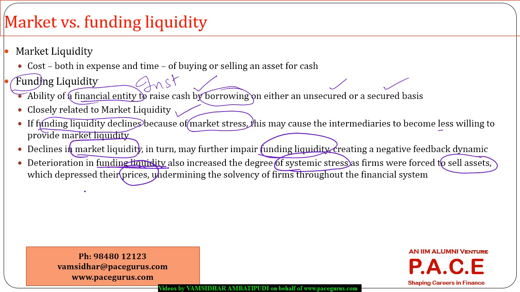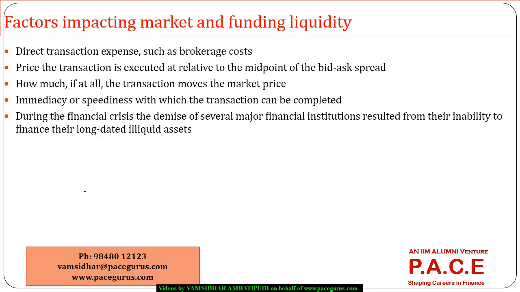So keeping the liquidity at a reasonable level, both on the market front and the funding front, is a very essential part of any financial system. Now when we are talking about the various factors that are impacting this liquidity, one is transaction expense, brokerage costs. If the brokerage costs are very high, people will not be able to sell or buy their assets frequently.